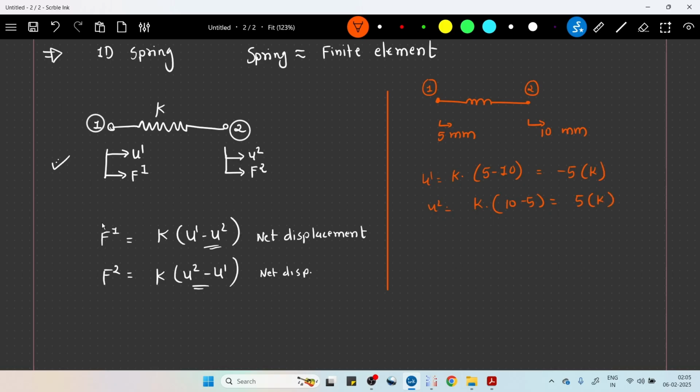So if there is an external force here, the internal force which is going to act like this is nothing but stiffness times the net displacement at node 1. So we can write f1 and f2 as k(5 minus 10) and k(10 minus 5).